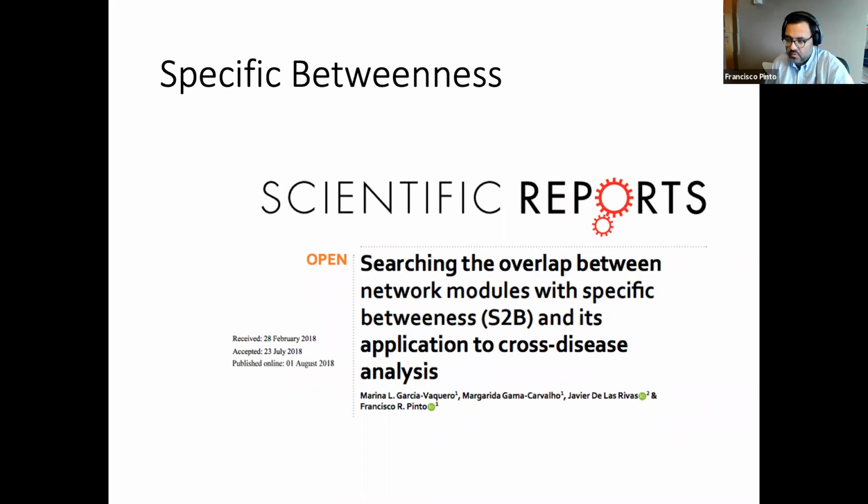So this is like my propaganda part of the lecture. I have been working in this area, and one of the works that we developed was an algorithm called S2, specific betweenness, because it is doubly specific betweenness. And we applied this method to cross-disease analysis.